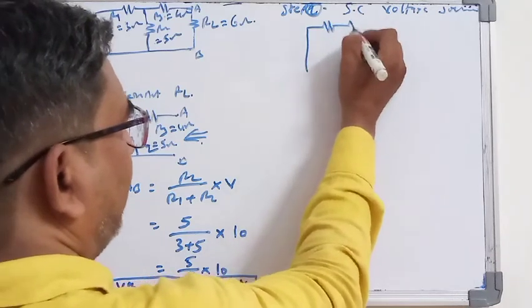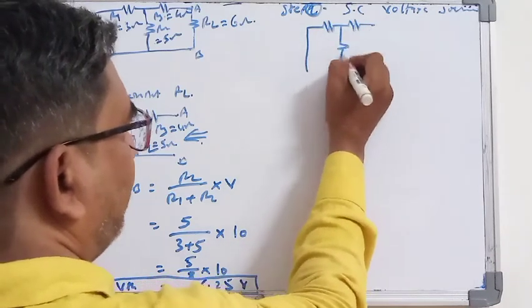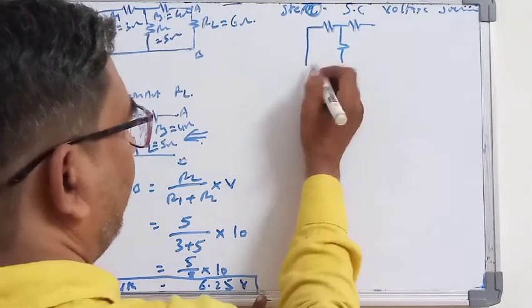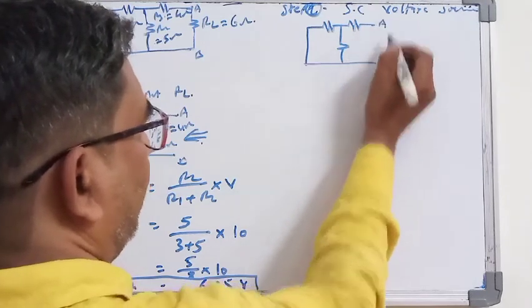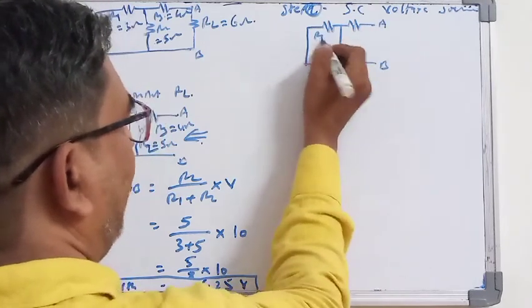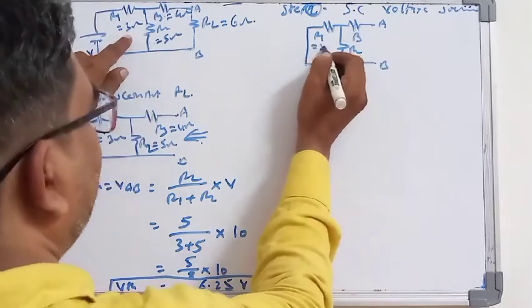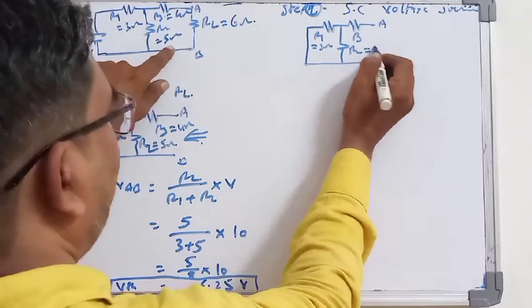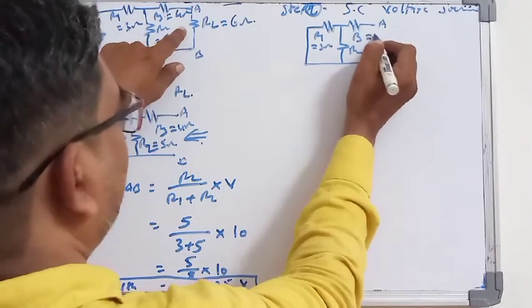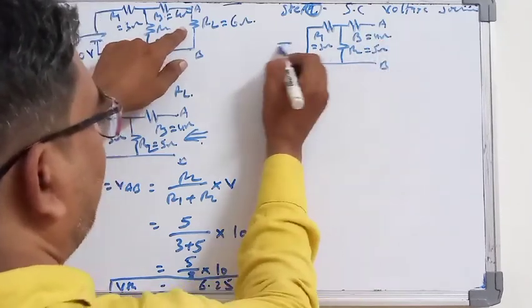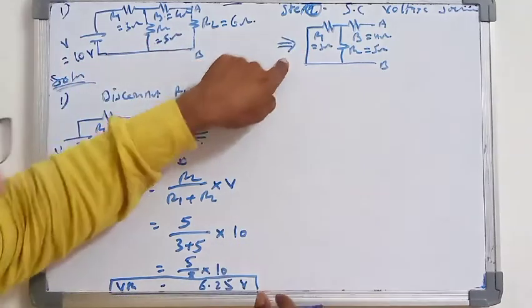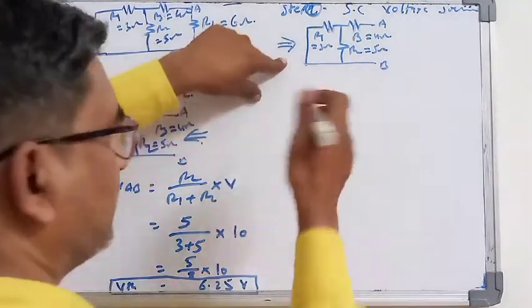Means only the resistances will remain here. A terminal, B terminal, R1, R2, R3. R1 value is 3 ohms, R2 value is 5 ohms, R3 value is 4 ohms. By observing from this side, you will be getting the RTH.